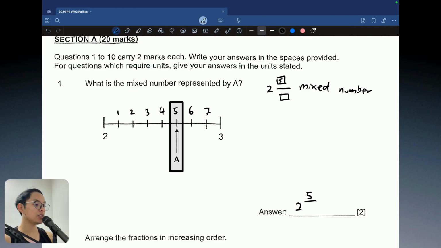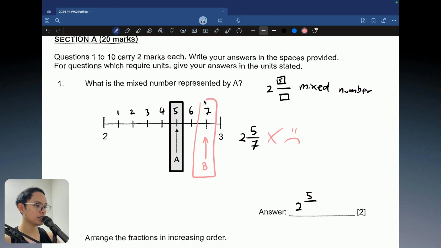So what do you think the denominator is? Do you think it's 7? So if you think the answer should be 2, 5 out of 7, then sadly you are wrong, with a sad face, right? Because if we were to say this answer, 2, 5 out of 7, if we were to put here, for example, this is B, in this case, then how would you represent this range over here?